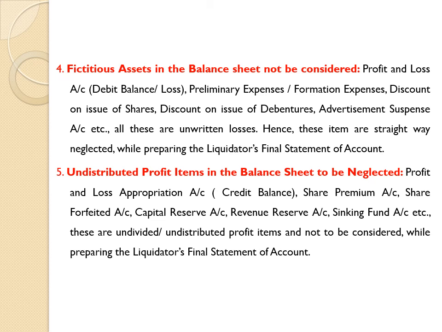In this way, in the present lecture, we focused on the liquidator's final statement of account. It includes two sides: one is the receipt side and another is the payment side. We also discussed items recorded on the receipt side, and the priority list as per the law for making payments on the payment side.